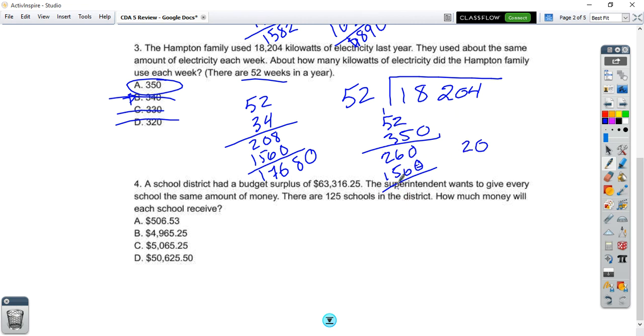Carry the 1. 5 plus 2 is 7. Plus 1 is 8. 1. And I have another 0. 18,200. That's basically it. So this is perfect. Again, that's strategy. Once I figured out what this wasn't, and it wasn't enough, that tells me I had to go up. And since that's the only one that's larger, that's my answer.